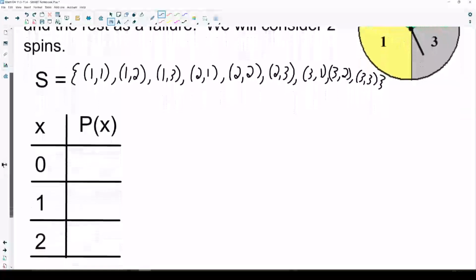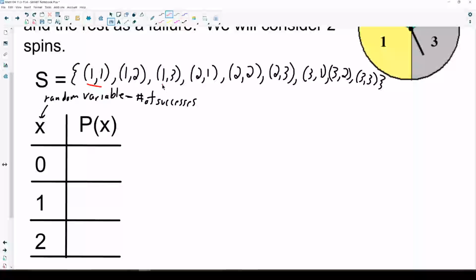If I say that x is what we call a random variable, meaning just the variable that describes the number of successes of something, in this case we're going to say that our x is number of successes. Well, how many ways can I get the probability of x being 0, of no successes? Well, let's see. I have a non-success here, and here, another one here, and another one here. Right? These are all zeros.